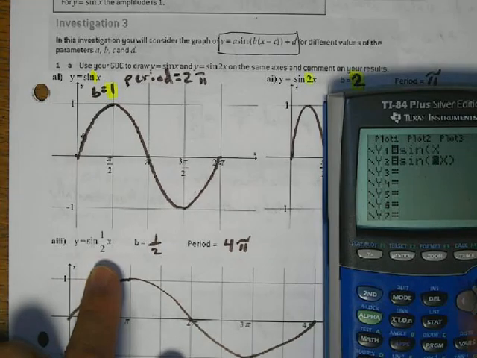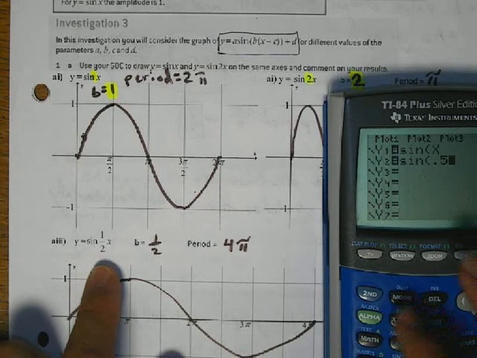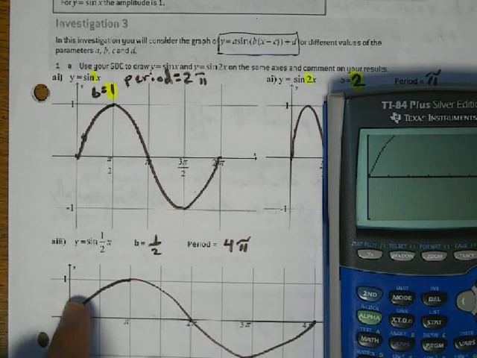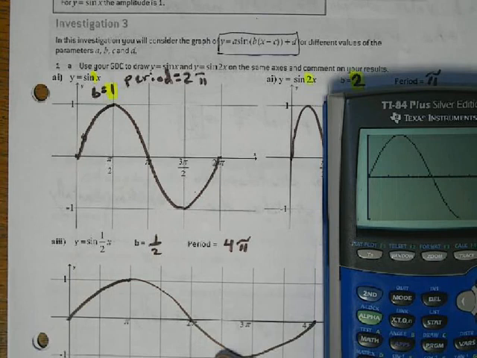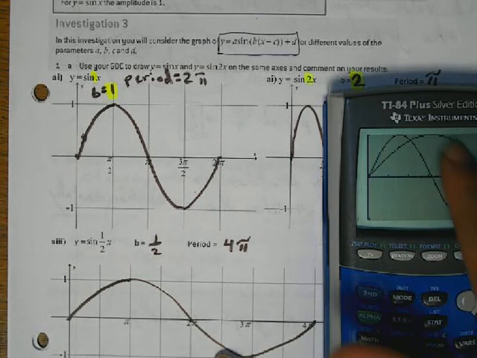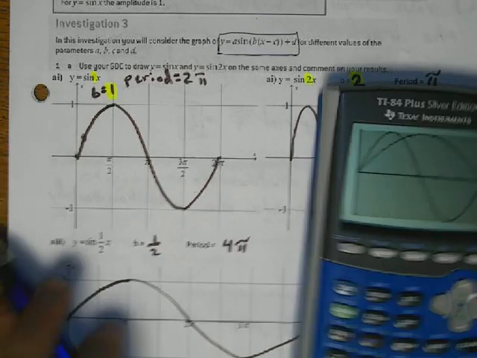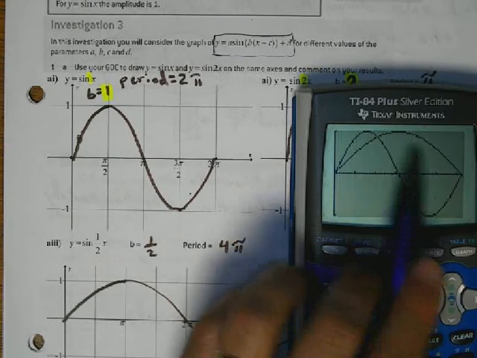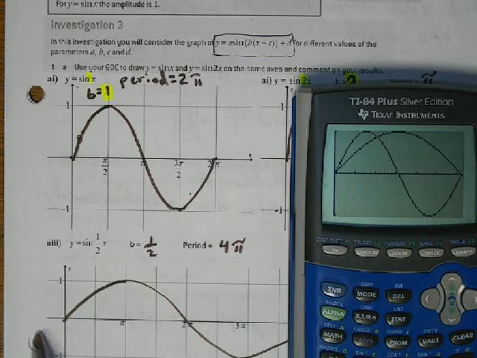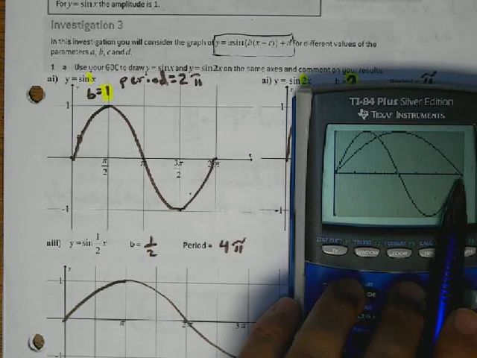Let's change that to 0.5x. So this second part right here is the 1/2 x. So from 0 to 2 pi, it just does half of the curve.